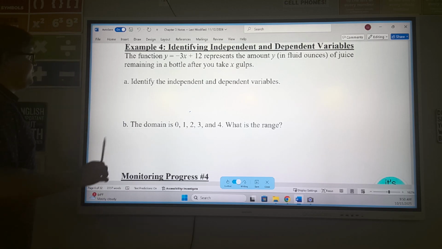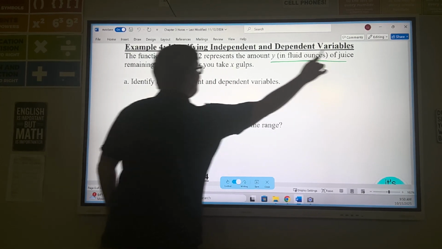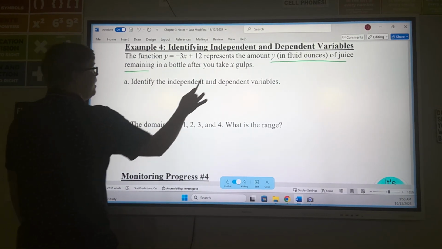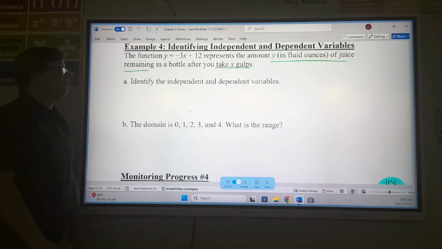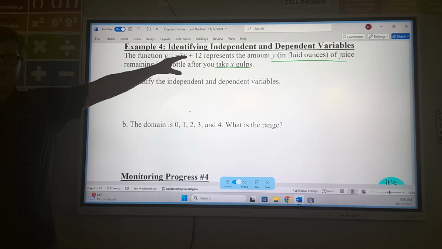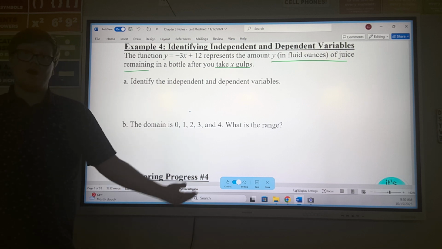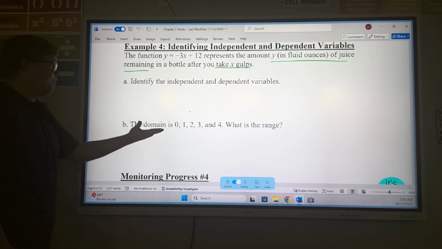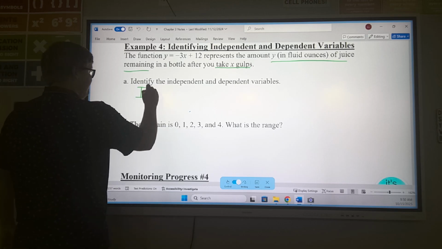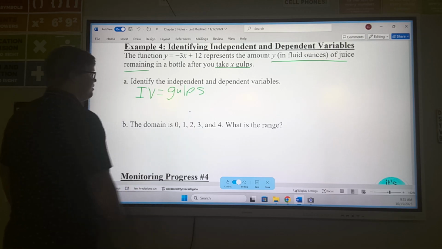So in this situation, we're looking at y, in fluid ounces of juice remaining, and x, which is gulps. You can choose how many gulps you take, right? You can't really choose how many fluid ounces are left without drinking it or pouring it out. So our independent variable is going to be something we can choose, which is our gulps of juice.